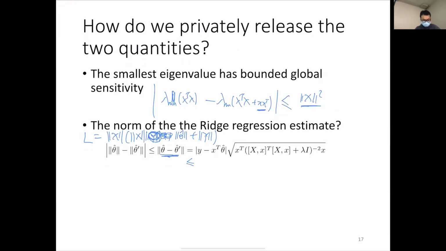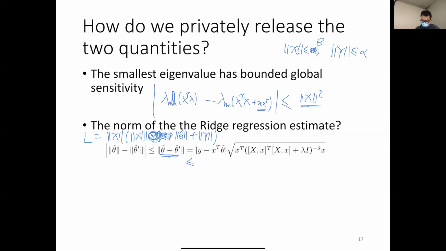We can further bound this expression by using a simpler notation: say x is smaller than beta and y is always smaller than alpha.